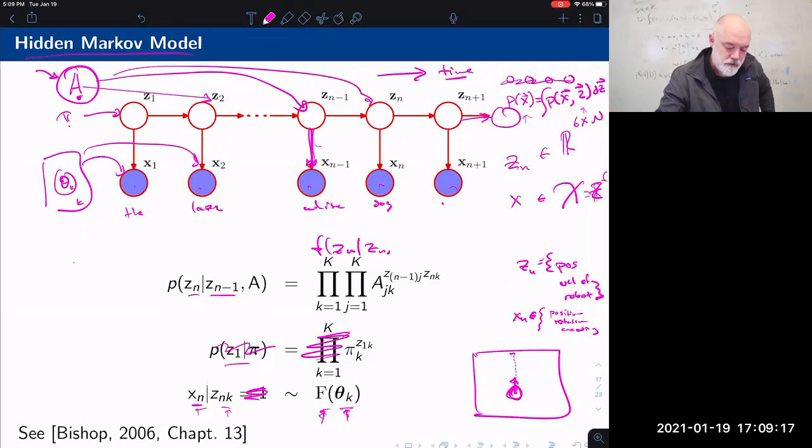The general relationship between Markov random fields and directed graphical models is that you can write any directed graphical model as a Markov random field by replacing the potential functions with the log conditional probability density functions. Okay, so a hidden Markov model just has this particular structure.